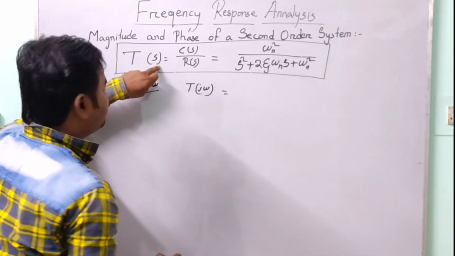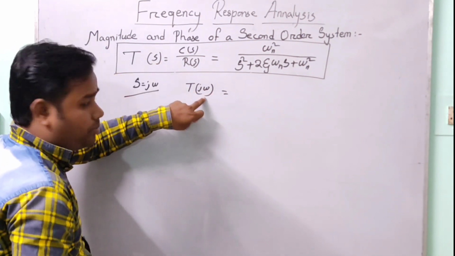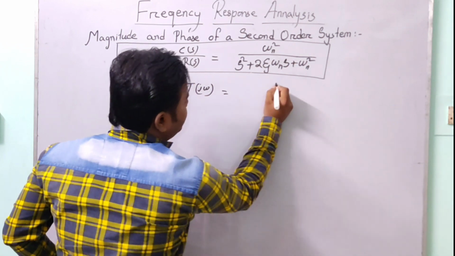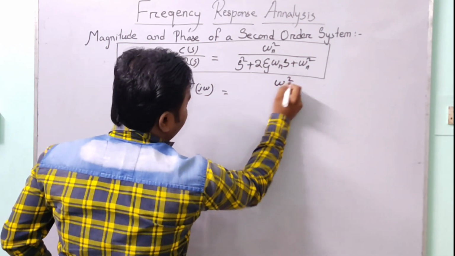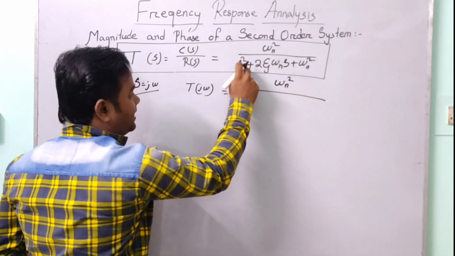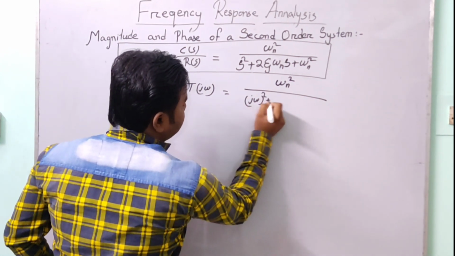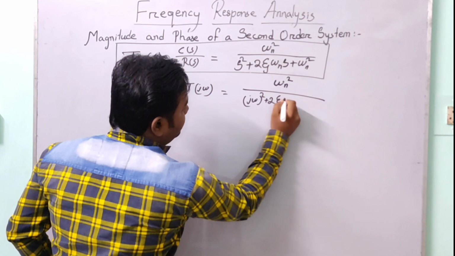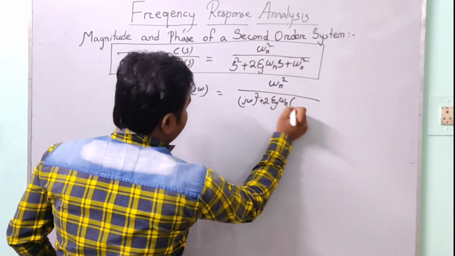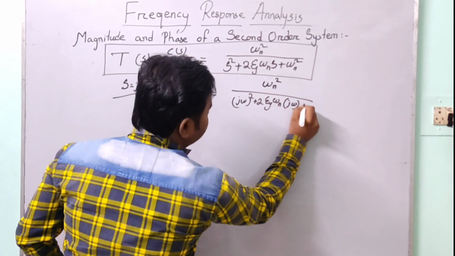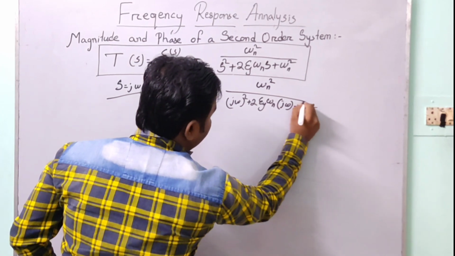Here in T of s, in place of s, I have to write j omega. So T of j omega is equal to omega n square divided by (j omega) square plus 2 zeta omega n j omega plus omega n square.